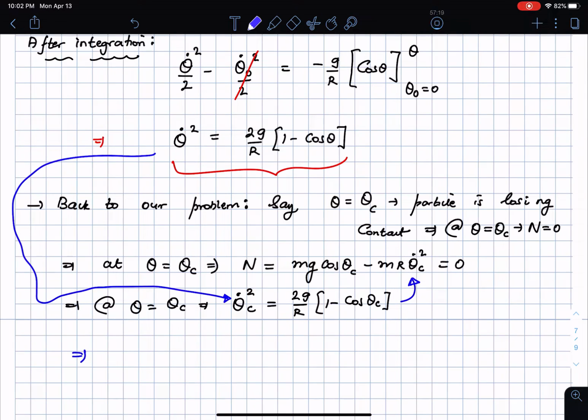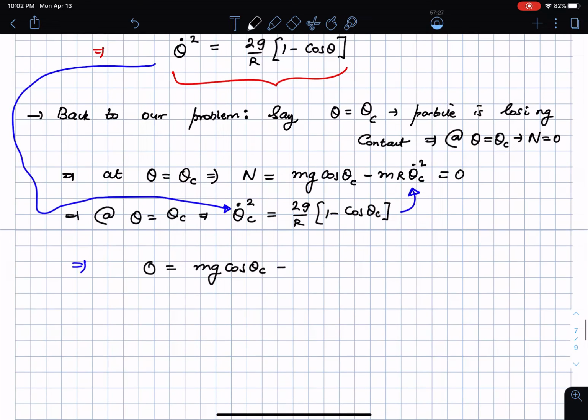N is equal to 0, which means 0 is equal to mg cos theta critical minus 2g by r times 1 minus cos theta critical.